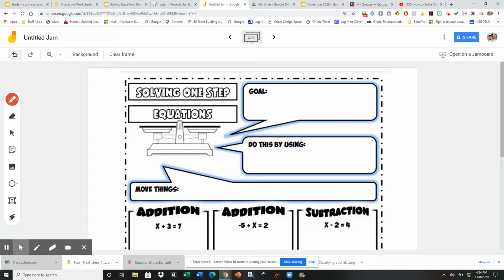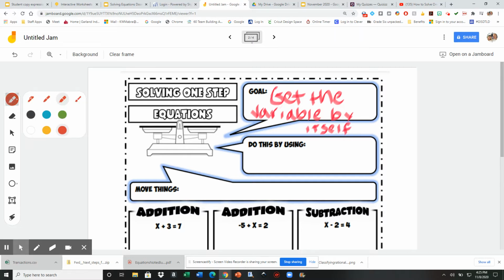When you're solving an equation, the goal is to get the variable by itself. We'll talk a little bit about that in just a second. So the goal is to get the variable by itself.